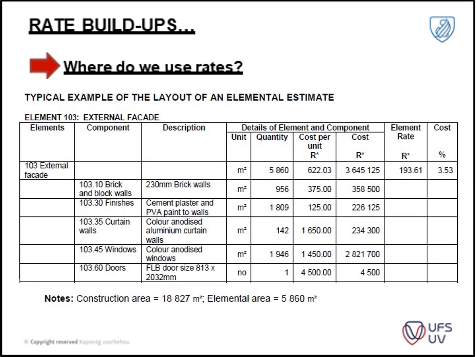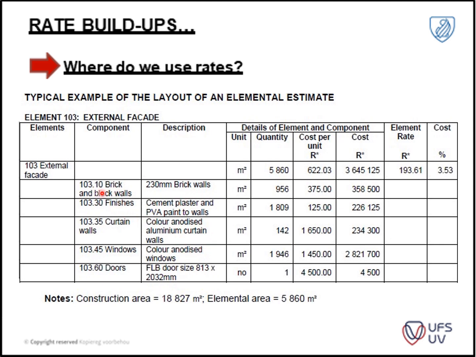Here's an example of what it will look like. You go to your elemental guide and look at the specific item that you want to conduct a rate buildup for. For instance, your external facade: your elemental guideline stipulates the different components that you have to have, and then you've got your description of the specific component.